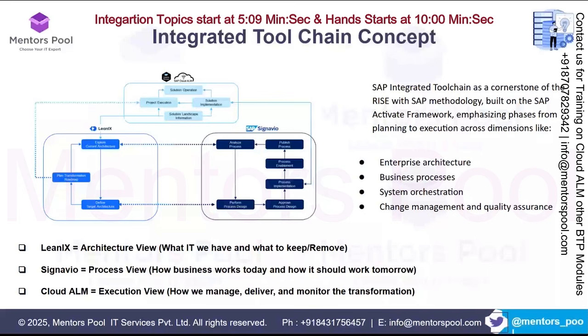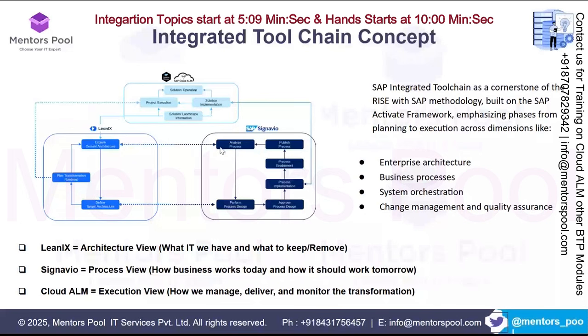SAP introduced a concept called the integrated toolchain concept, and this toolchain helps align customer transformation projects from analysis and planning to execution. If you see on the screen, the integrated toolchain concept is a combination of LeanIX, Signavio, and Cloud ALM.